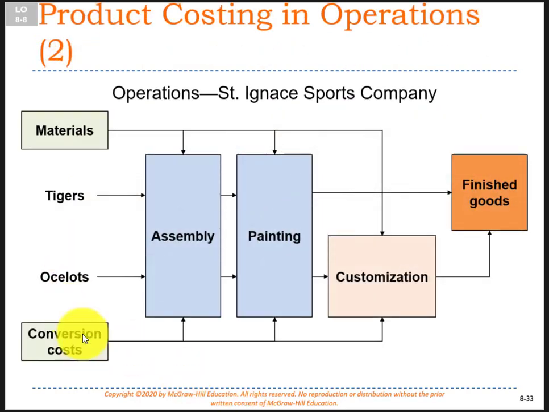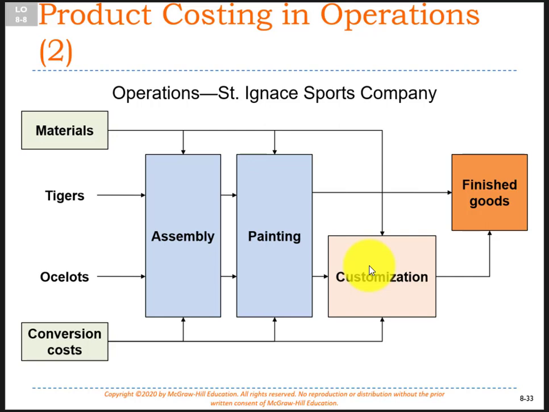So while they both go through an assembly process, they both go through a painting process that we will handle like a process, the materials that go into them are separate and therefore would be tracked very much like a job costing scenario.